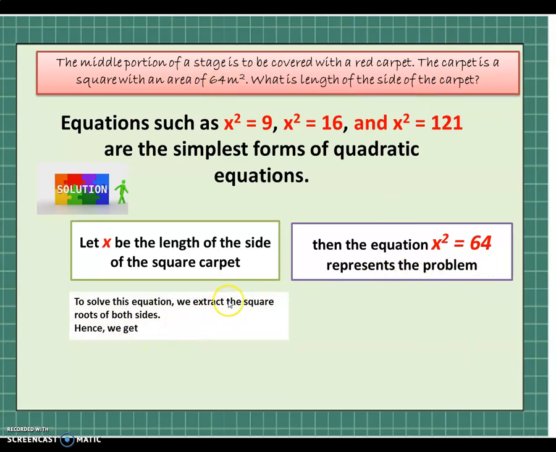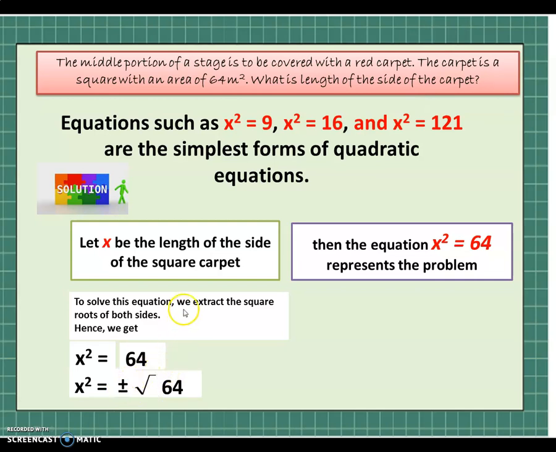And para ma-solve po natin, we're going to extract the square roots of both sides. And so x squared, which is the missing length of the side of the carpet, is equal to its area, 64. So x is equal to plus or minus the square root of 64. Bakit positive and negative?